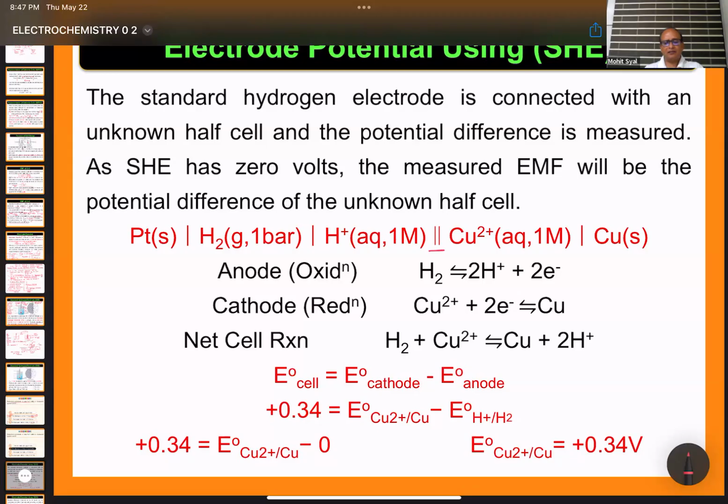This is a salt bridge. If I want to connect, first look at where the electrons are flowing. Wherever you have electron flowing, that side you will keep on the right hand side.